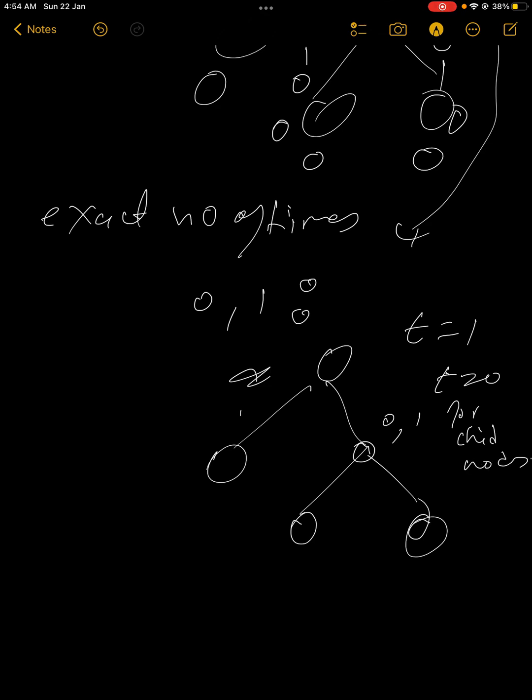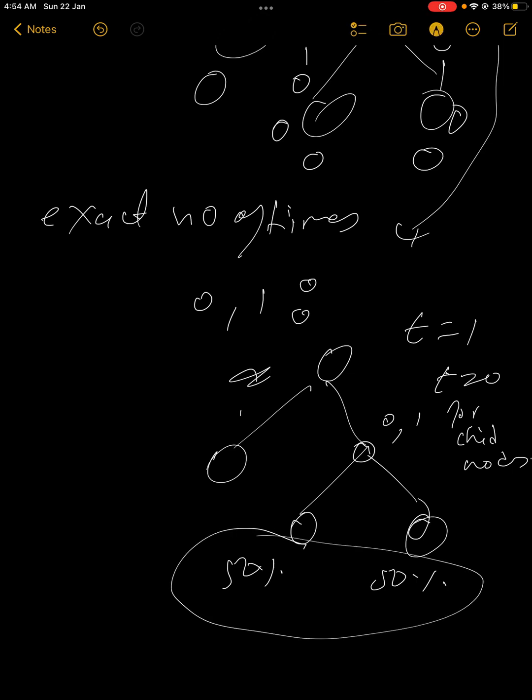And you know what happens at t equal to 0. At t equal to 0, this has a 50% chance of 1 and 50% chance of 0, and same for that. So at t equal to 1, when you take the OR of both, this node also happens to be a 50% chance of 0 and 50% chance of 1. I will suggest you think more about this.